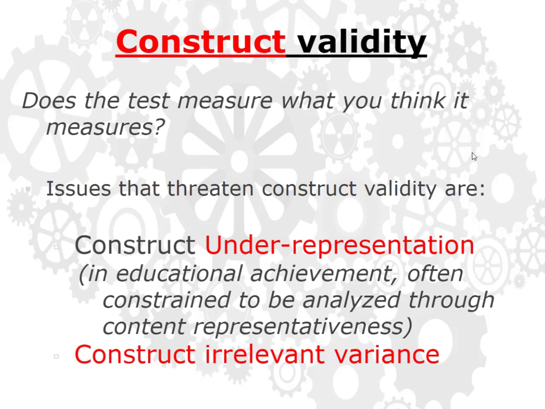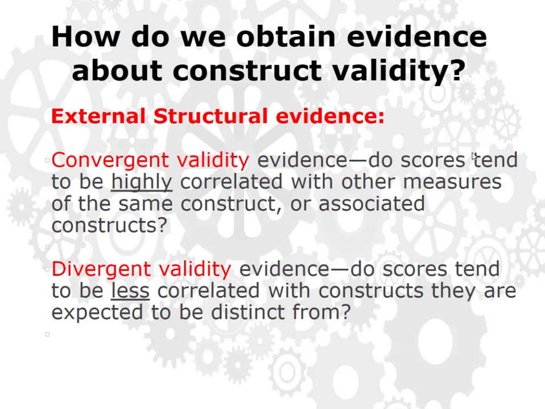A couple things that might threaten construct validity are if the construct is underrepresented in the exam, in the measurement device, or if there is anything that is irrelevant to the construct within the test. When we're looking at construct validity, two things can happen.